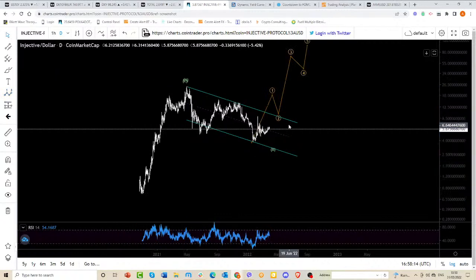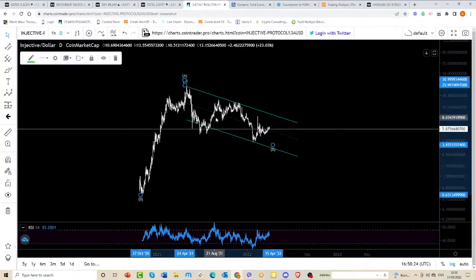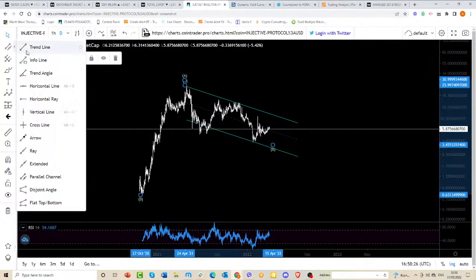Okay, so I cannot confirm that this correction is over. Definitely, I think this is the first impulsive wave, a wave 1 or A. I do look at this as a corrective pullback. I cannot say specifically if this correction is over, because I don't see a confirmation out of the corrective channel.